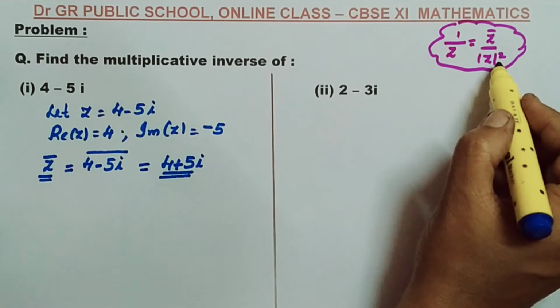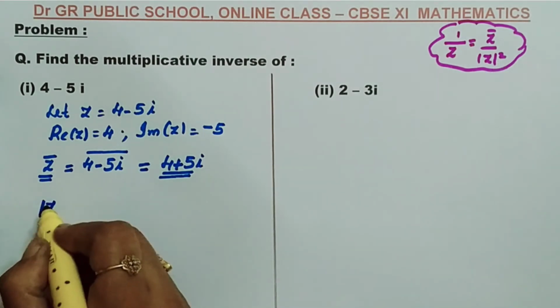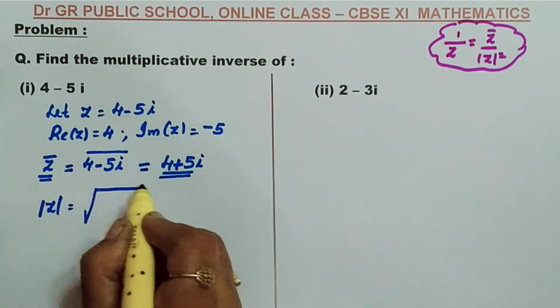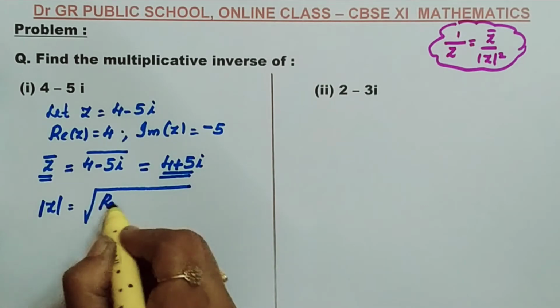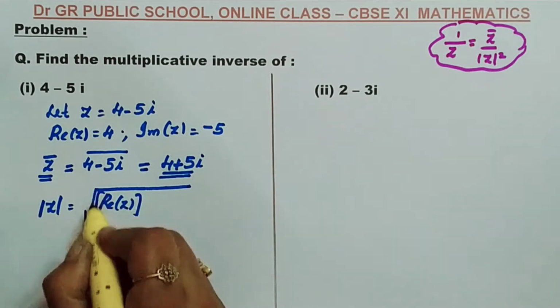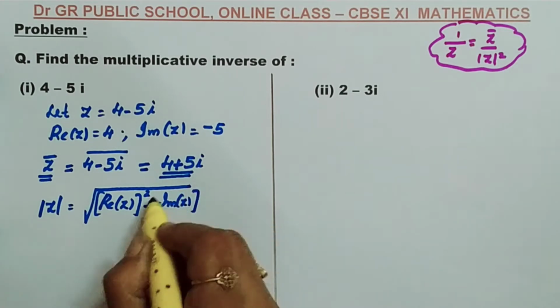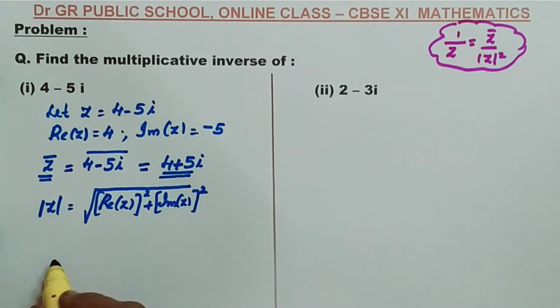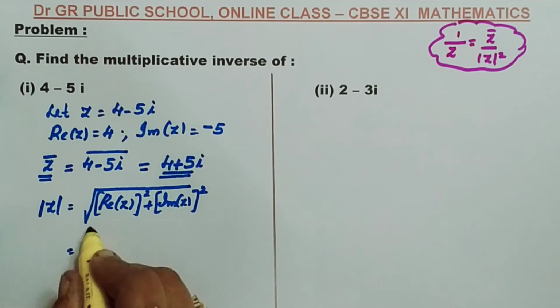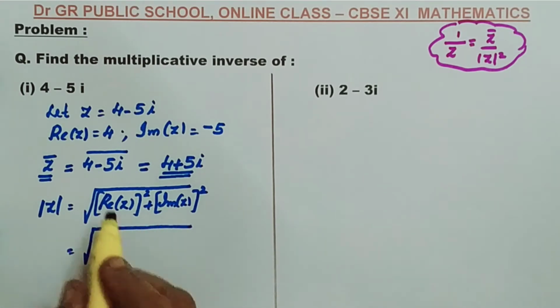Now I want to find mod z square. Find mod z first. The modulus of a complex number equals the square root of the real part squared plus the imaginary part squared.